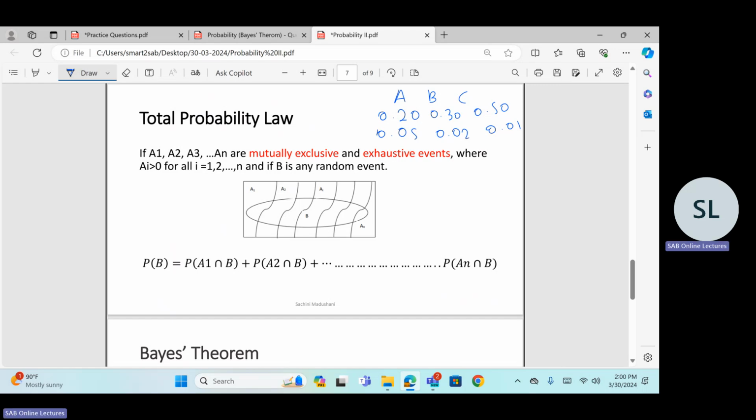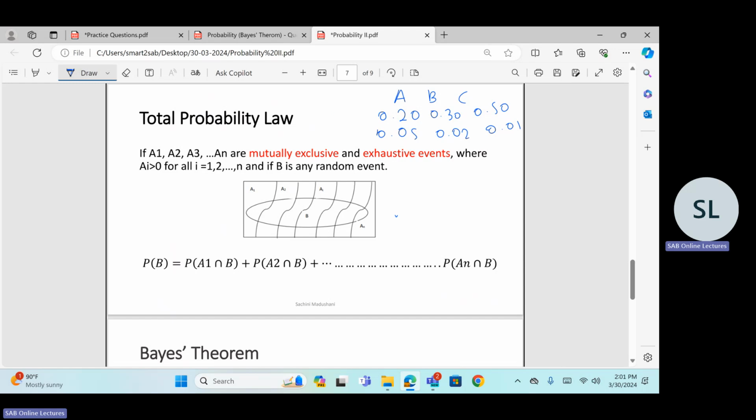This picture shows that. There are events A1, A2 up to AN. These events are separate, meaning there is no intersection, and they cover the whole sample space.